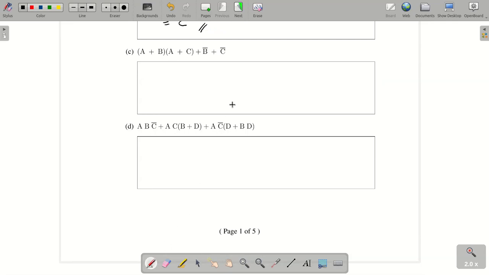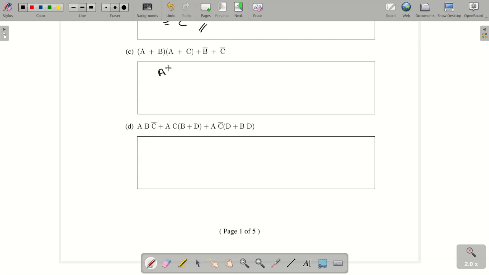Okay, so let's move on to part C. So in part C, what do we have? Right. So it looks like the easiest way to do this is simply by expanding these.